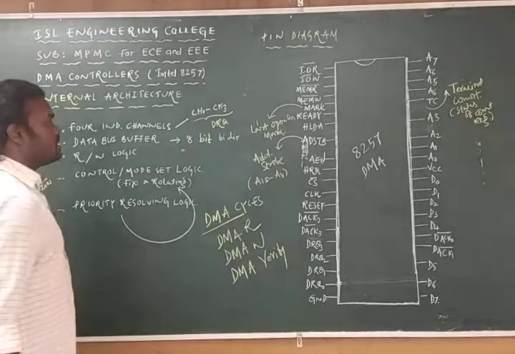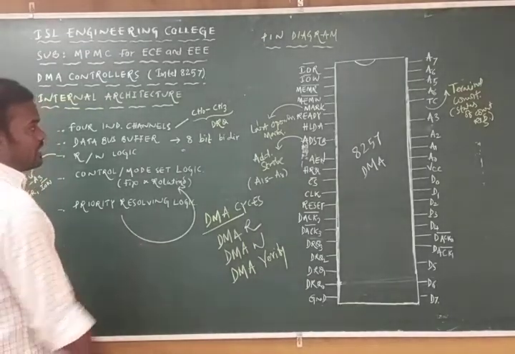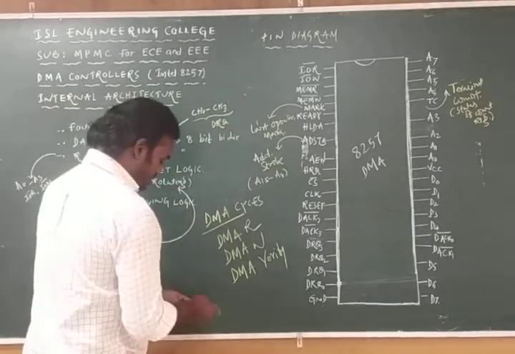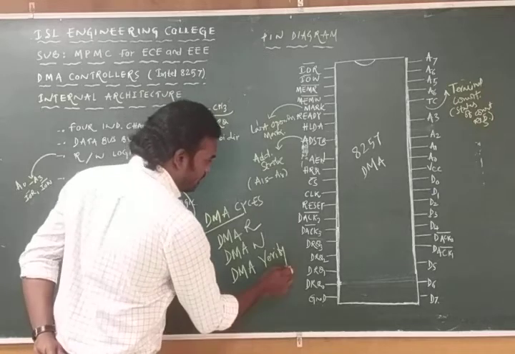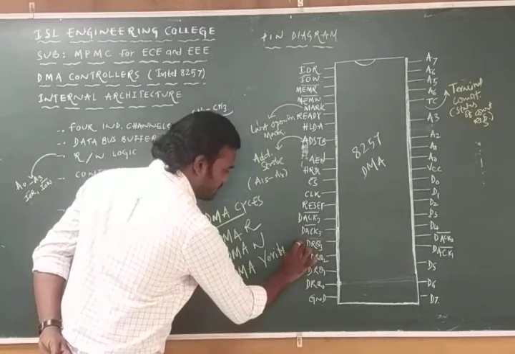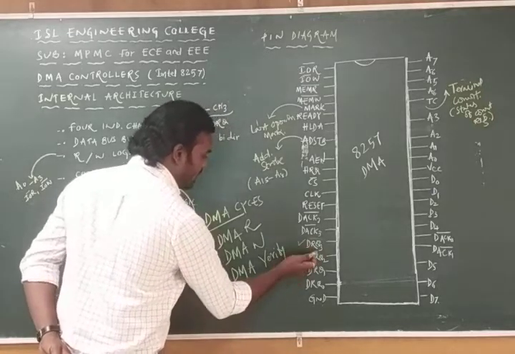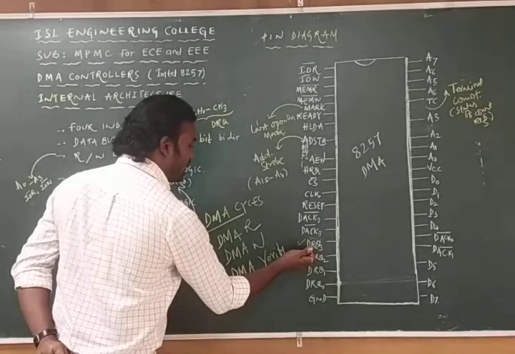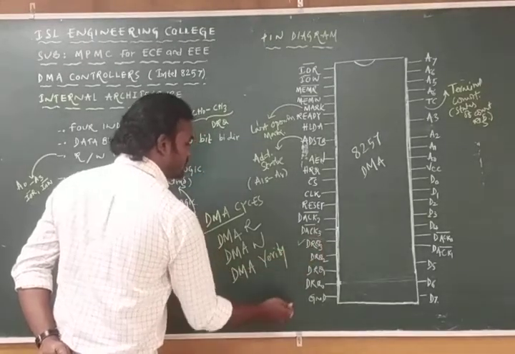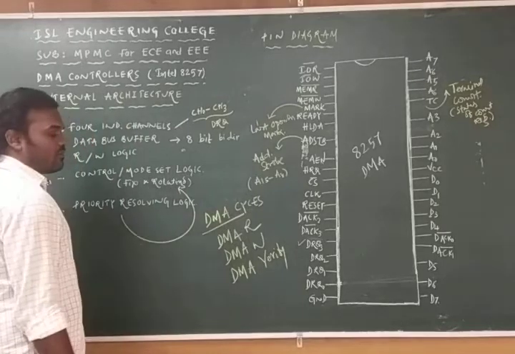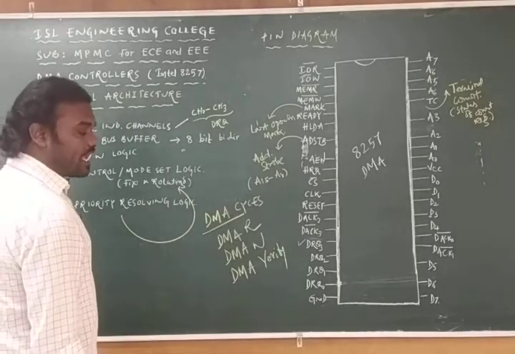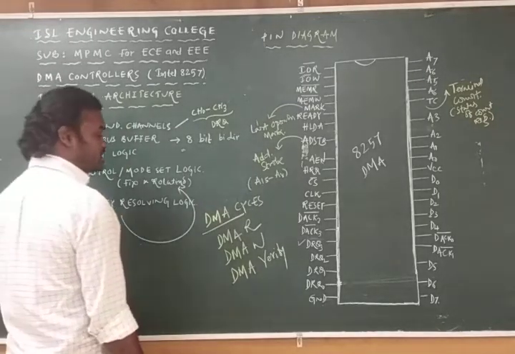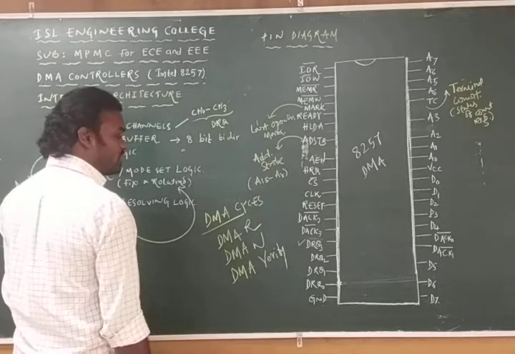DRQ stands for data request, and we have 4 channels based on the request. A signal at the data request 3 pin, DRQ3, lets the fourth input-output device access the memory location without involving the 8086 microprocessor.